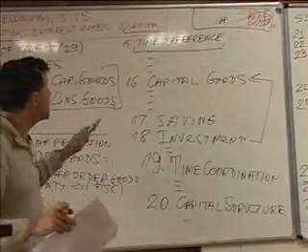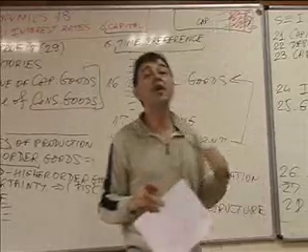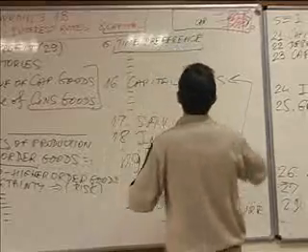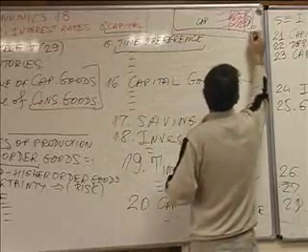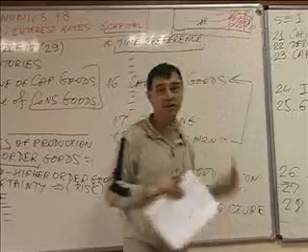So, in essence, the point to understand here is that economic activity is the production of both consumer goods and capital goods.